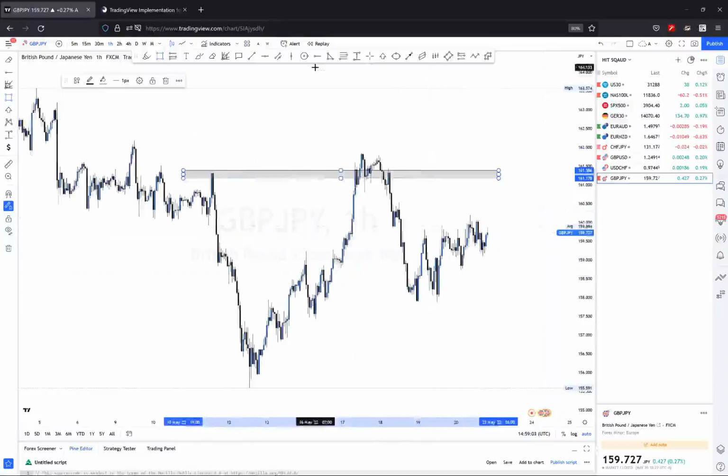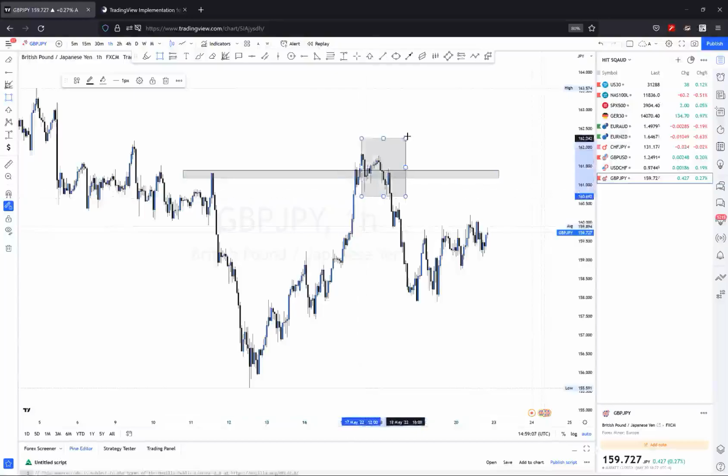So this is how it goes into the market, where this break trend line break here on the 1-hour time frame, and then the sell was here.